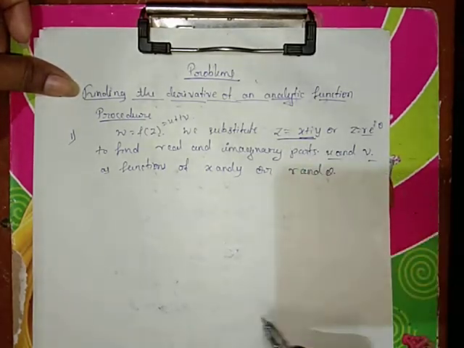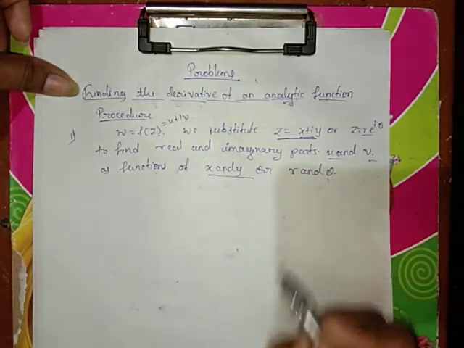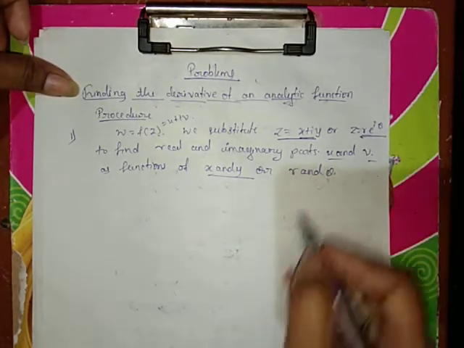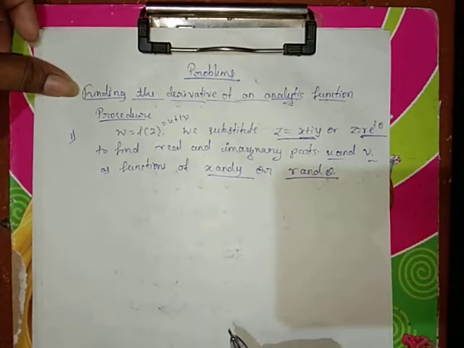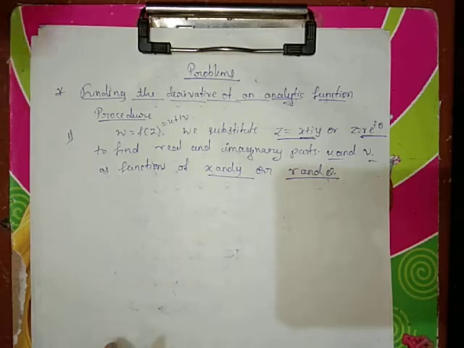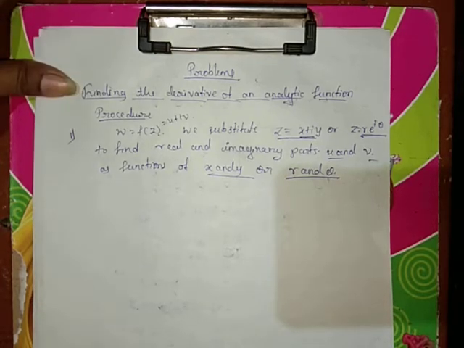If you take z equal to x plus iy, you will get the real and imaginary parts in terms of x and y. If you substitute the polar form, you will get the real and imaginary parts in terms of r and theta. Which one is convenient will be decided based on the given equation.